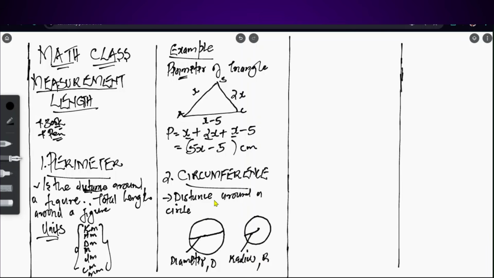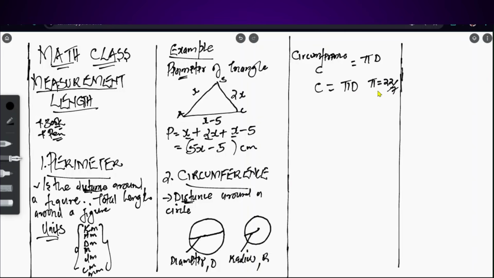Now, how do you get distance around a circle? We have a formula for that. The circumference of a circle, because it's a distance around a circle, I'll use letter C to represent circumference, is the same as pi D. So C is equal to pi D, where this pi is always 22 all over 7.